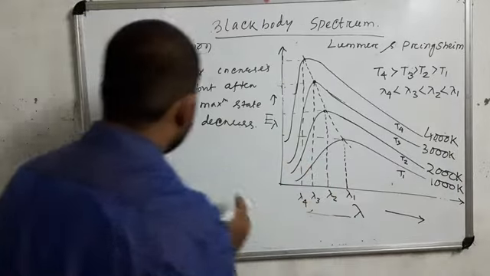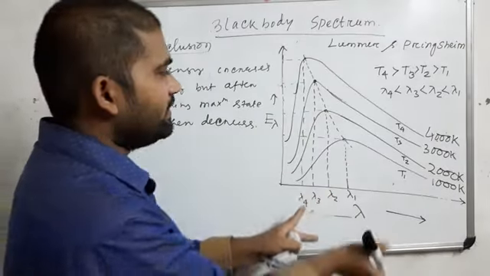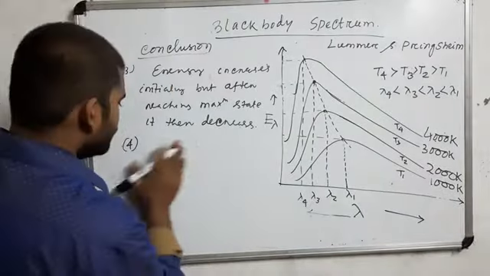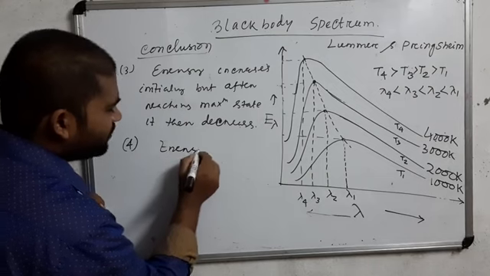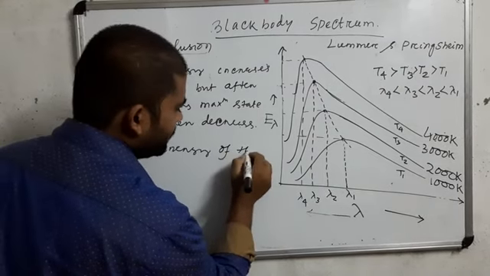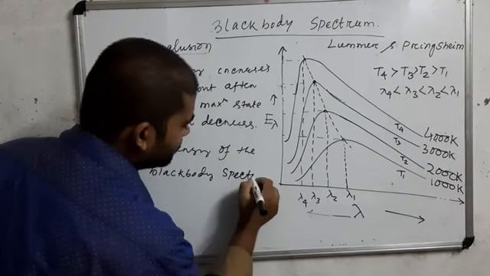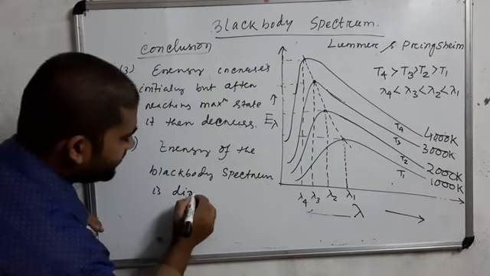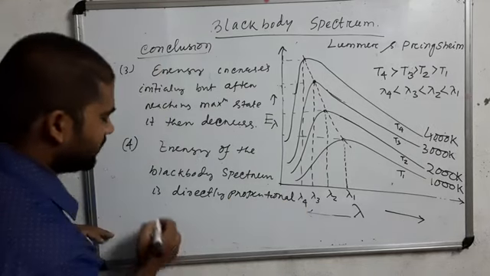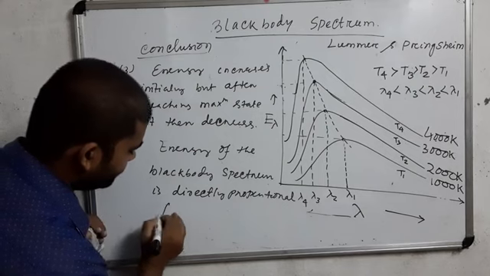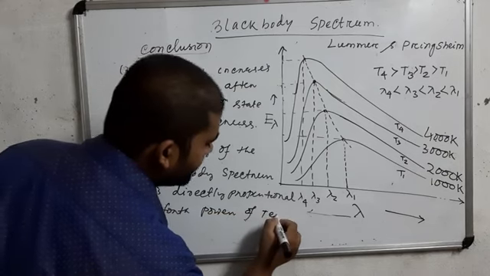And when the area increases, we can say with a rise of temperature, the energy or the area under the curve also increases. Okay, so we can make a conclusion here: energy of the blackbody spectrum is directly proportional to the fourth power of temperature.